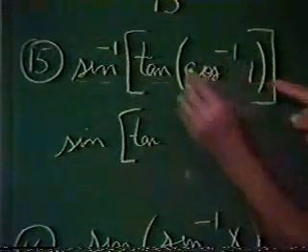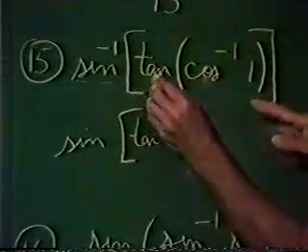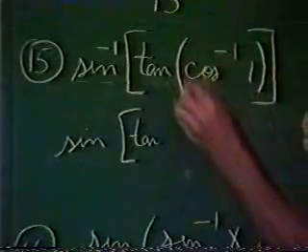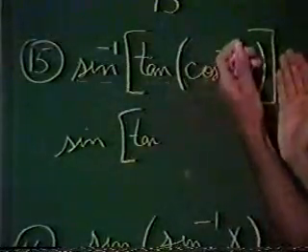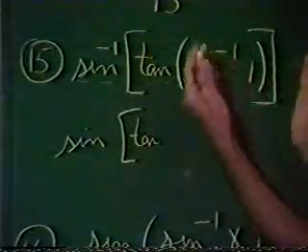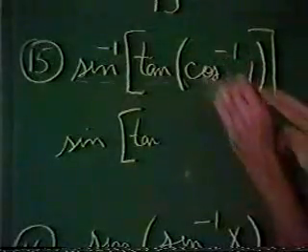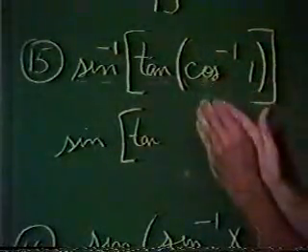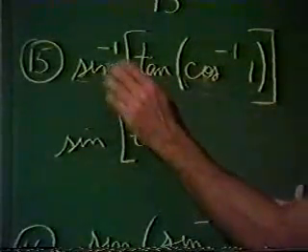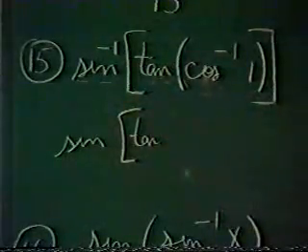Well, if I want tangent, then this has to be an angle. That checks. This is an angle. The inverse cosine is the idea of an angle. What angle is the cosine 1? This is an angle. Tangent of an angle, I get a number. And inverse sine says I got to have a number. Can't have an angle.